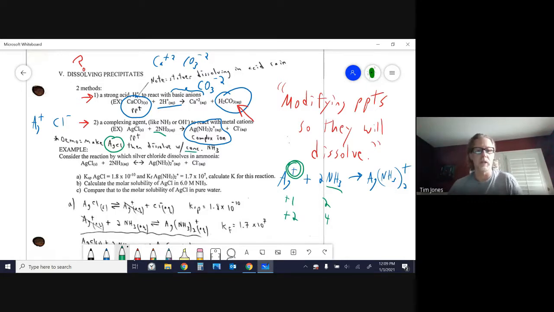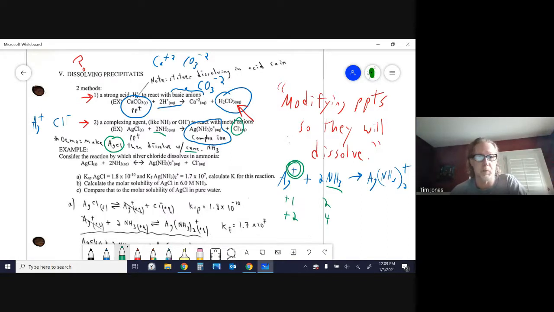And what you will see is that the precipitate will dissolve. I can then reverse the process by removing the ammonia or by adding Cl-, and then I can make the precipitate reappear, and I can just keep going back and forth like we would with any typical equilibrium shifting situation.